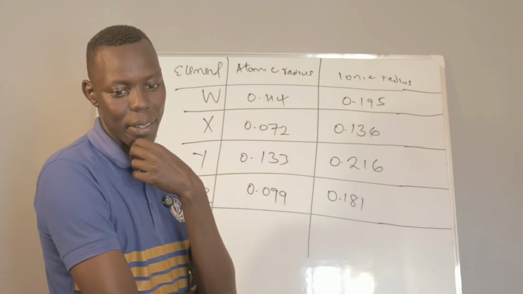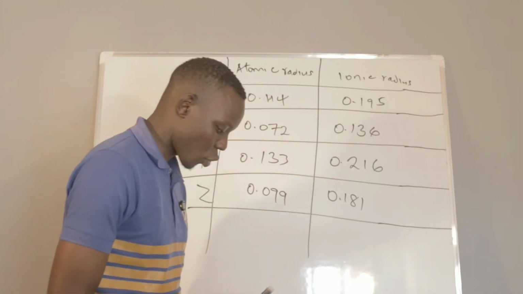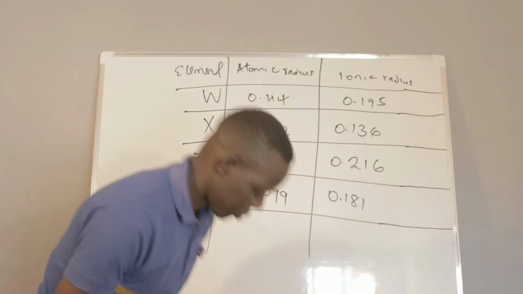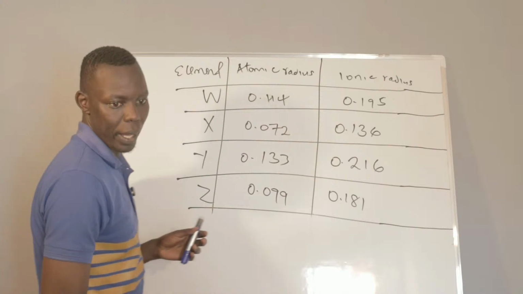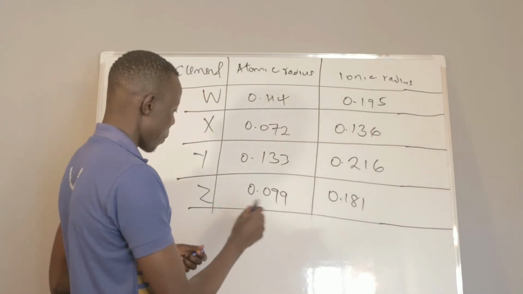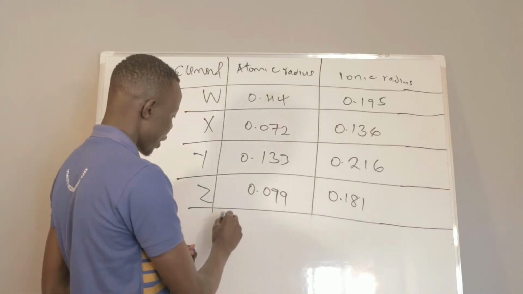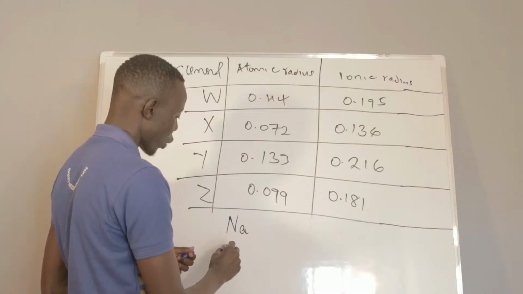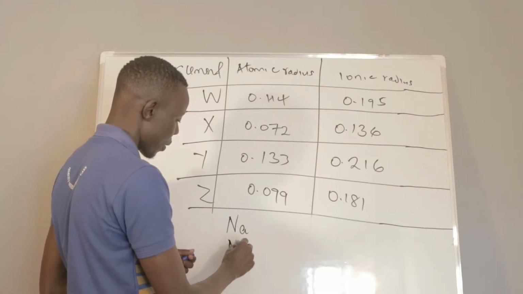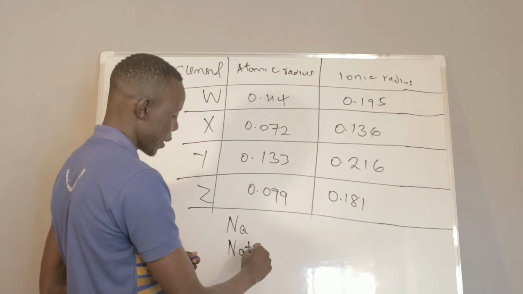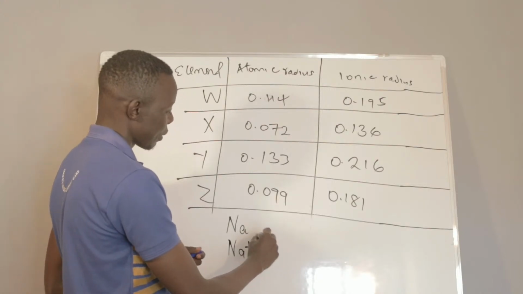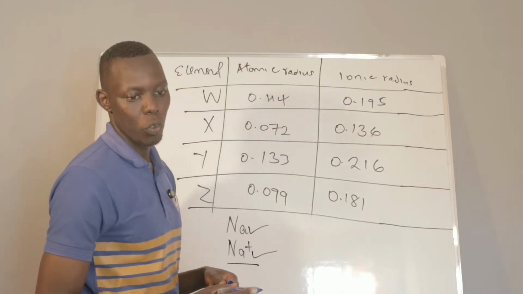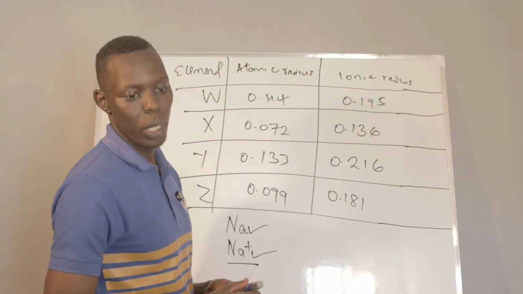Okay, if there is no one else. Now look at this. Let's compare these two. Yesterday I told you that between a sodium atom and a sodium ion, the atom is larger, because in the process of losing electrons it loses a whole energy level.